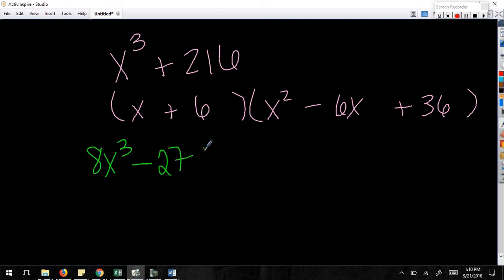So again, little parenthesis, big parenthesis. Same, change, plus. What multiplies 3 times to give you 8x cubed?